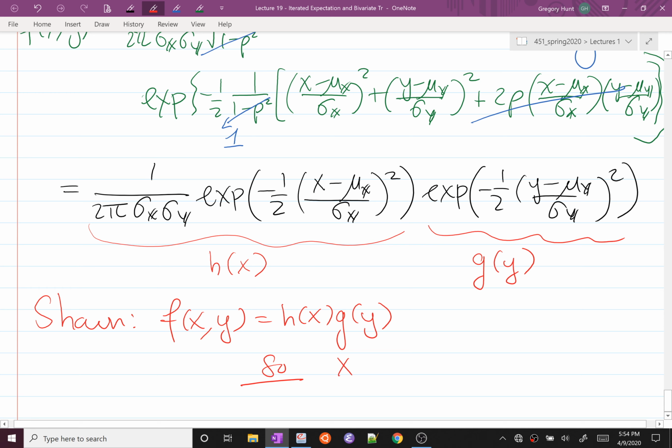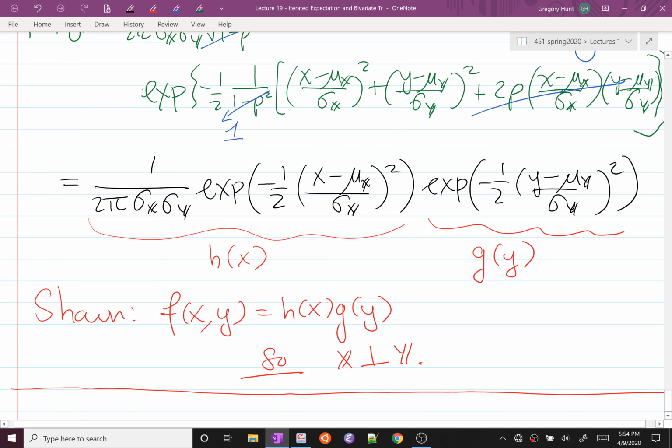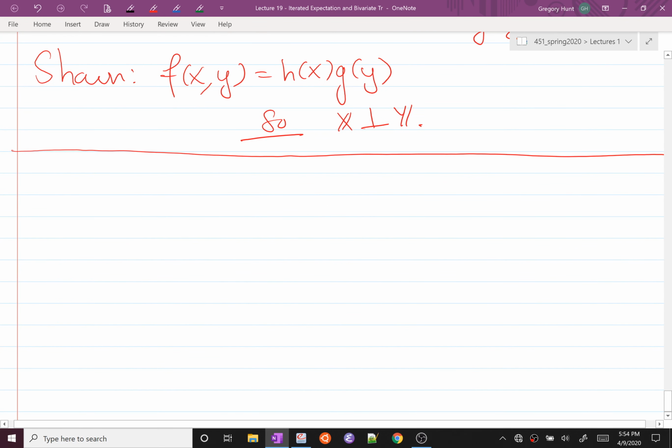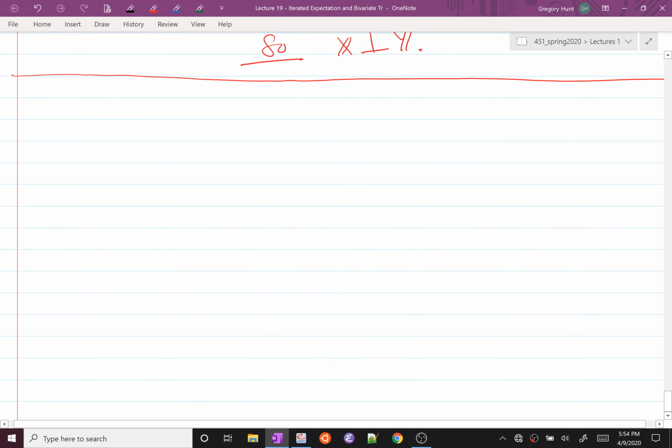So, by my theorem that we said last time, x and y are independent. If I can factor either the joint PDF or the joint CDF, then I know things are independent. So that shows that for bivariate normal, independence is the same thing as uncorrelatedness.